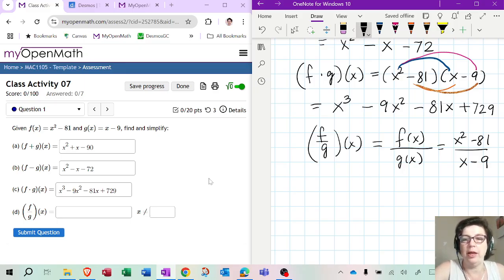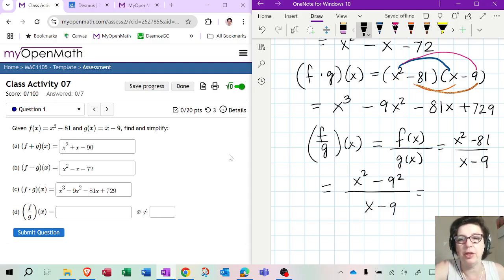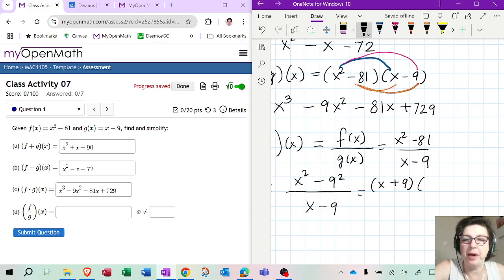Well, you need to realize that the top is actually a difference of squares, because 81 can be written as 9 squared, right? So if you know your squares of basic numbers, 1 through 10, you would know that 81 is 9 squared. Okay, so then we have a formula, what is called difference of squares, which can be factored as the sum of whatever was squared multiplied by the difference. Okay, and then we divide that by x minus 9 that was on the bottom.